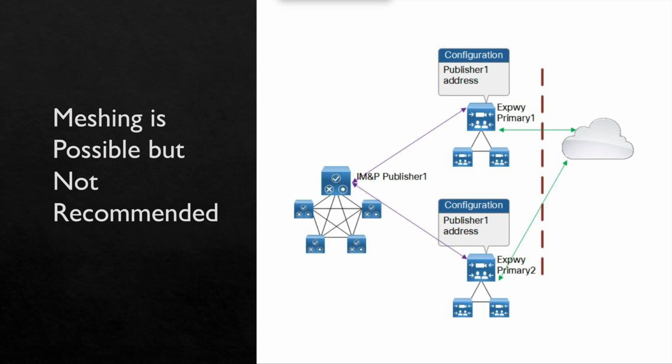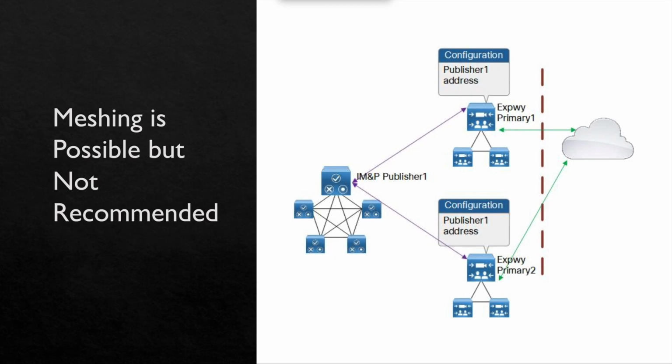Meshing is not recommended. All right, and so what we're talking about here in this example is you have multiple Expressway deployments, but they are connected to a single IM and Presence server cluster. So this example deployment may be desired if you require redundancy, but you can expect a performance impact with each message connector that you connect to the IM and Presence service cluster.